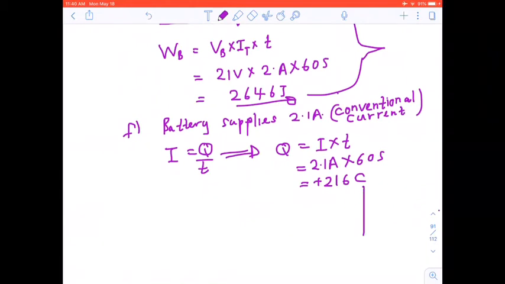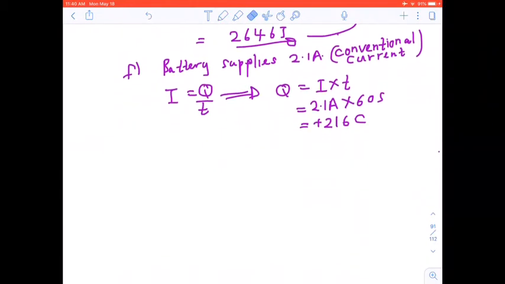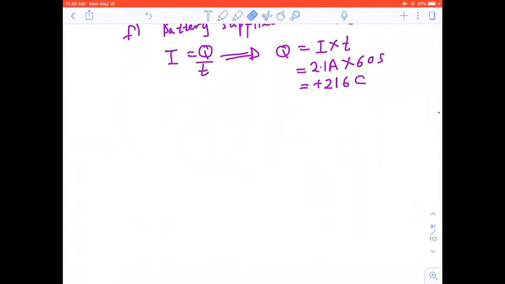Now we want to know how many positive charges are leaving this particular battery in a minute.